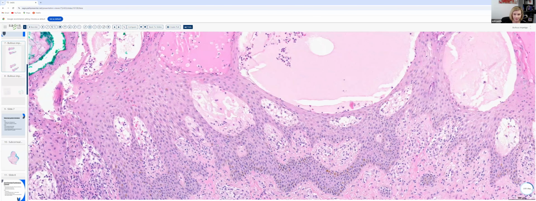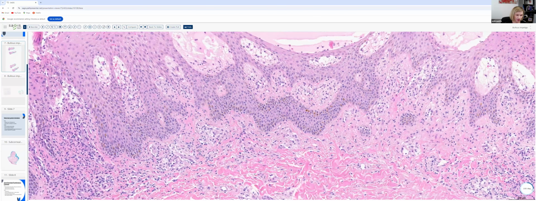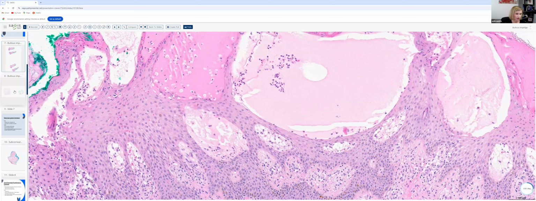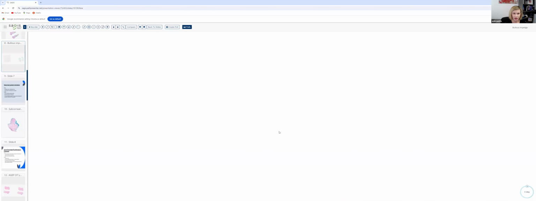The dermis contains a superficial inflammatory infiltrate, kind of a mixed picture with some lymphocytes, some neutrophils, and a few eosinophils.